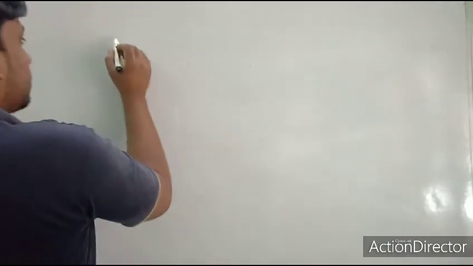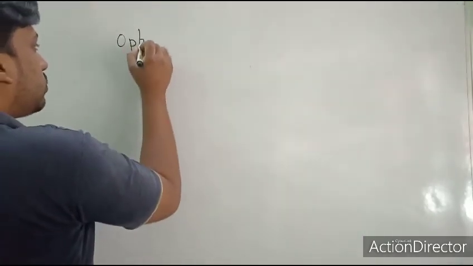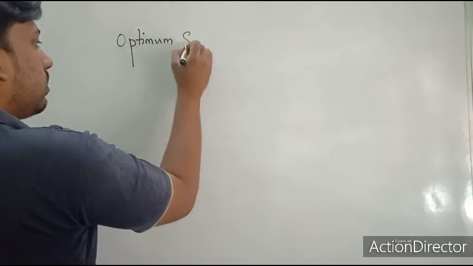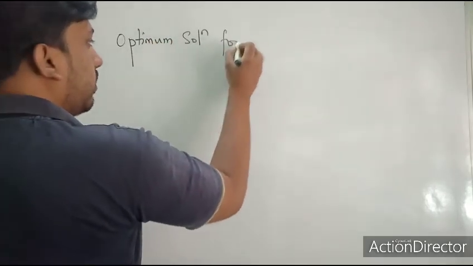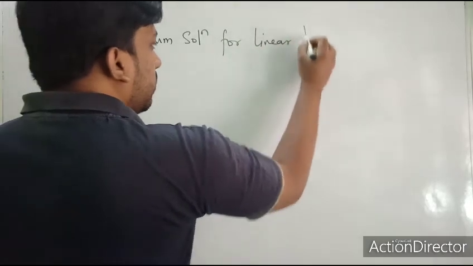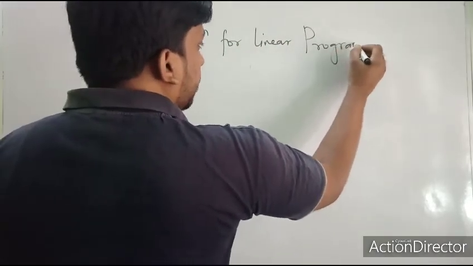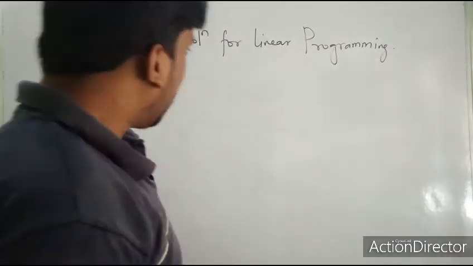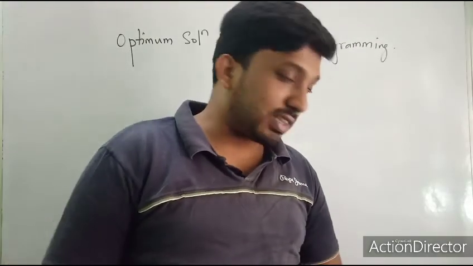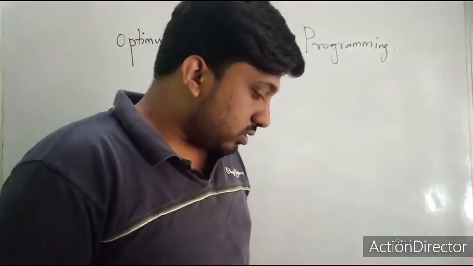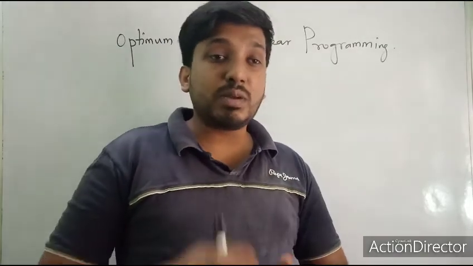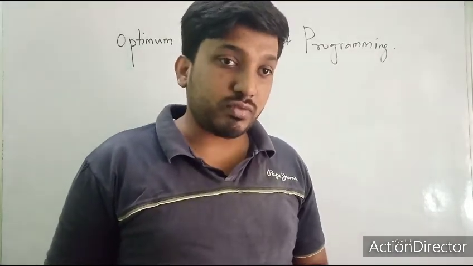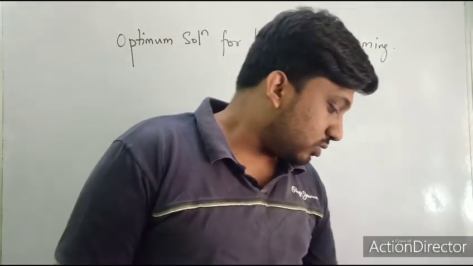Okay. Next we have a question: define optimum solution of linear programming. How will you define the optimum solution for linear programming? An optimum solution for linear programming is the solution which gives the minimum or maximum value of the given objective function.